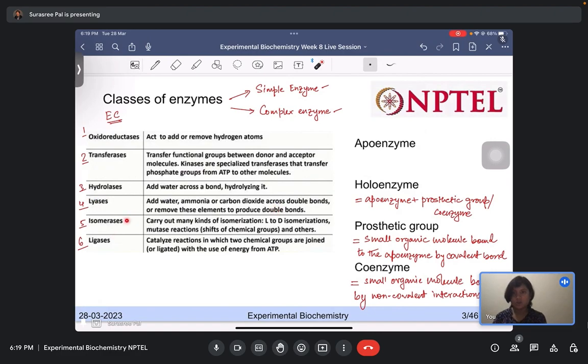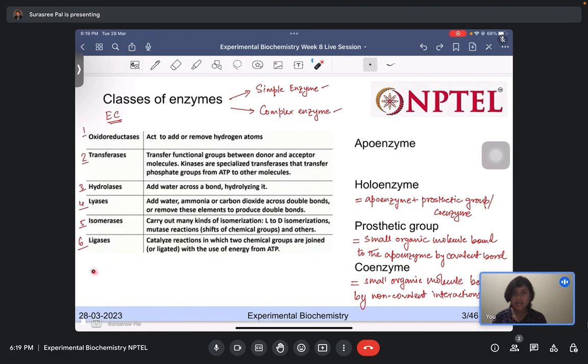Next, coming to isomerases. Isomerases perform isomerization reactions. They perform many kinds of isomerization reactions, for example, L to D isomerization, mutase reactions. What mutase does is shift chemical groups from one bond to another. Similarly, there are different types of isomerization reactions that these isomerases can perform.